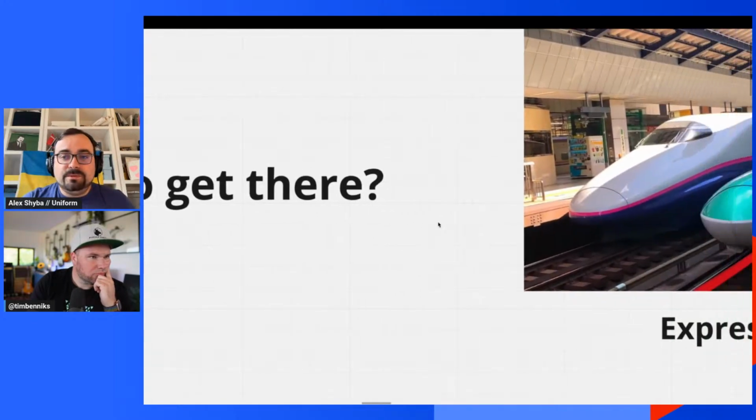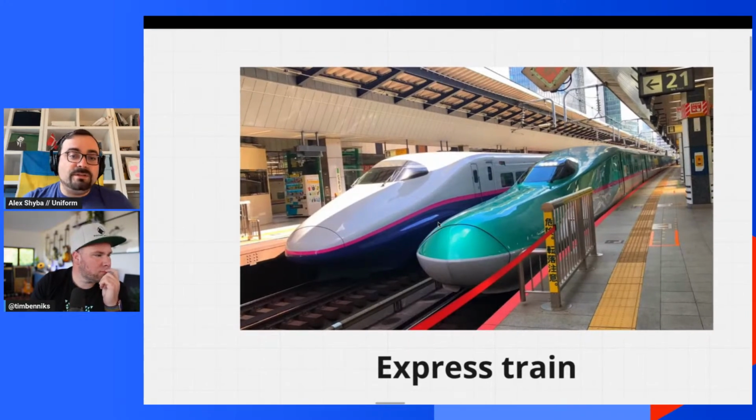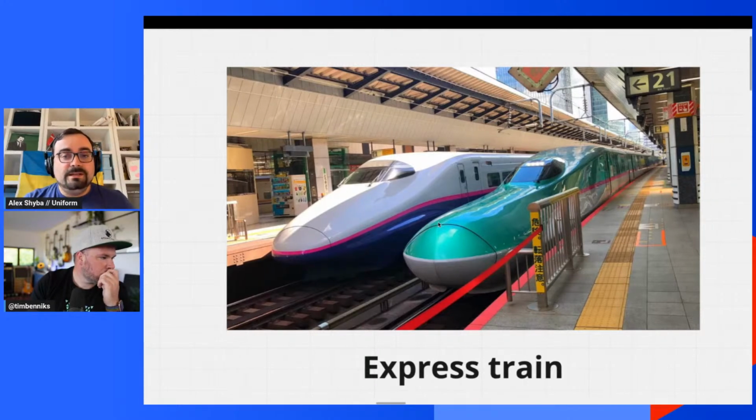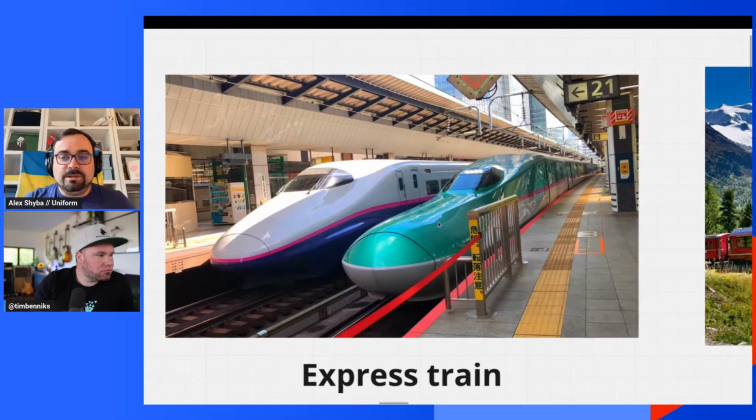But the big question is, how do we get there? When we talk about it, we talk about an express train, which is rip and replace and just start over greenfield, and we have tools to get you there faster. But that's a commitment you have to make: okay, we need to rebuild. Sometimes there is no option, but we talk a lot more about the local train experience.